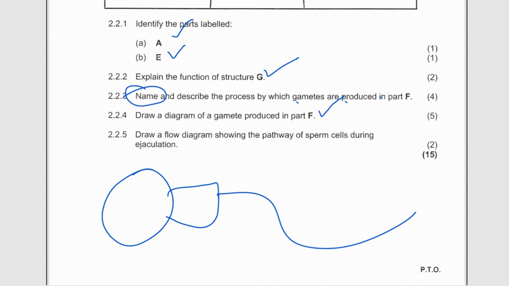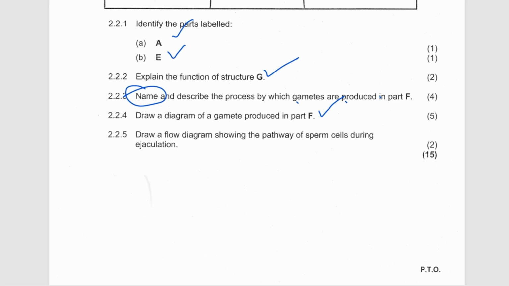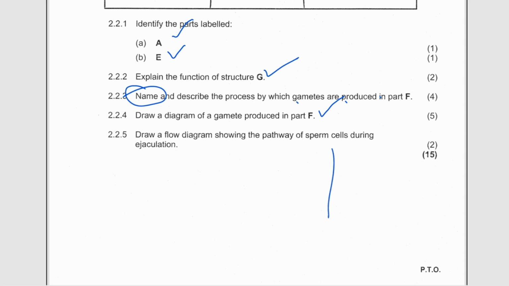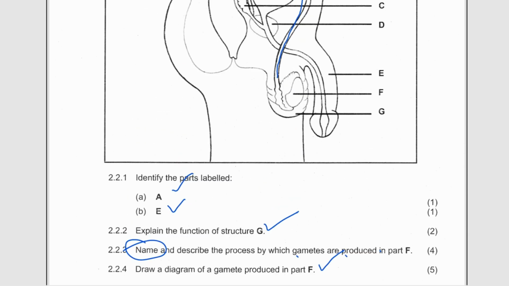Or spermatozoa. Then draw the flow diagram to show the path of the sperm cell during ejaculation. When they say draw a flow diagram, there is nothing to draw there. It's just asking you to do the writing. Let me show you.